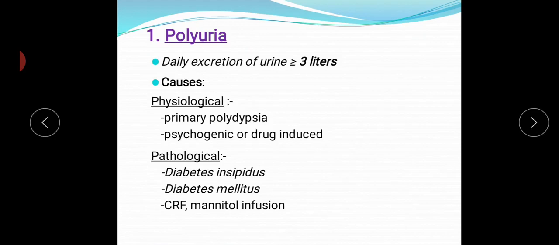We have discussed central diabetes insipidus and nephrogenic diabetes insipidus. The second is diabetes mellitus. If the glucose level in diabetes mellitus is more than the threshold, it may lead to polyuria.